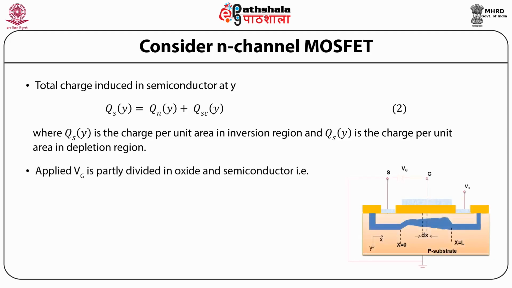If we apply Vg, it is partly divided across the oxide and semiconductor, that is, Vg equals V naught plus psi s of y, or we can write it as minus Qs by C naught plus psi s of y.